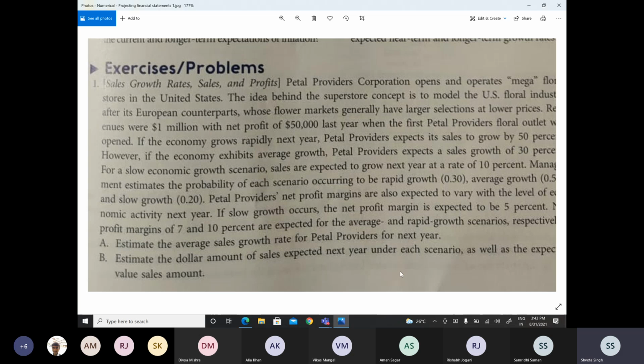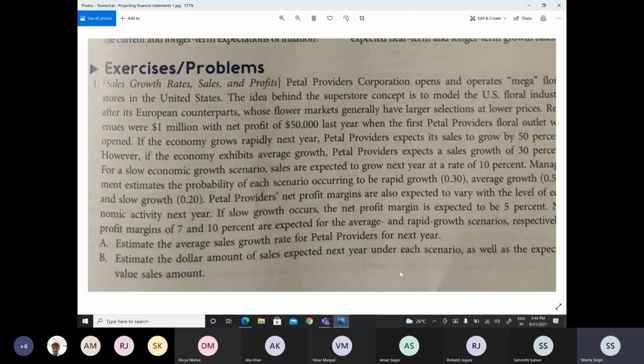Fine. So revenue for Petal Providers was $1 million with a net profit of $50,000 last year when the first Petal Providers floral outlet was opened. If the economy grows rapidly next year, Petal Providers expects its sales to grow by 50%.